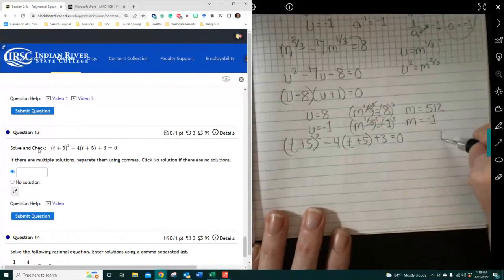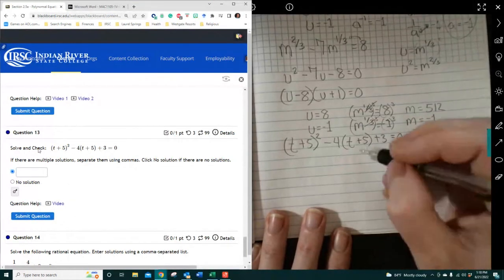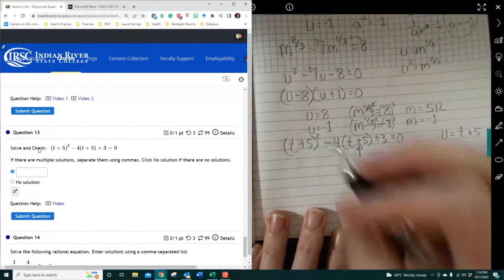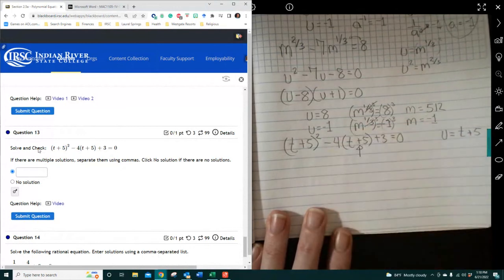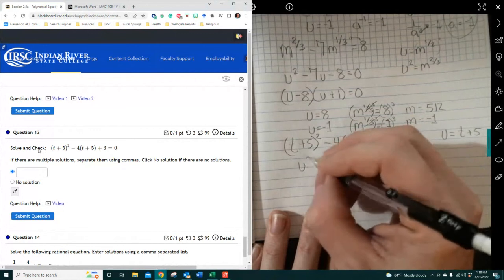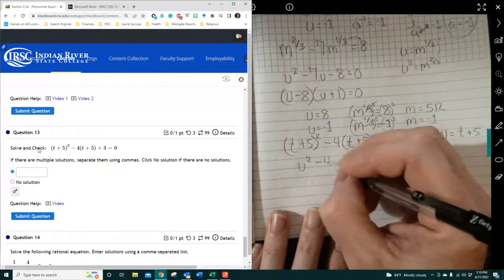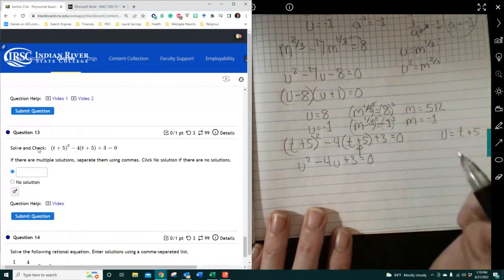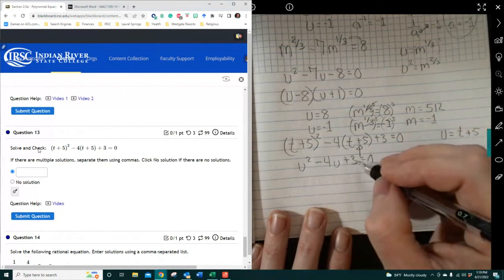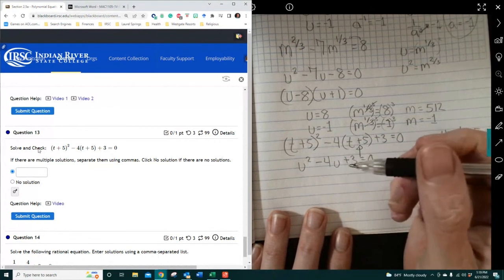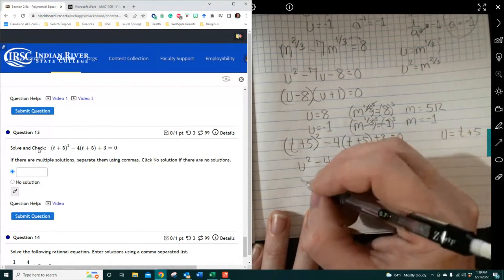I bet you can figure out what u is going to represent. It's right here, so u equals this. And if that's the case, we know that u squared is going to be this. So we're going to go ahead and say u squared minus 4u plus 3 equals 0. And then what two numbers multiply together to create +3 that add up to -4? That'd be -1 times -3.